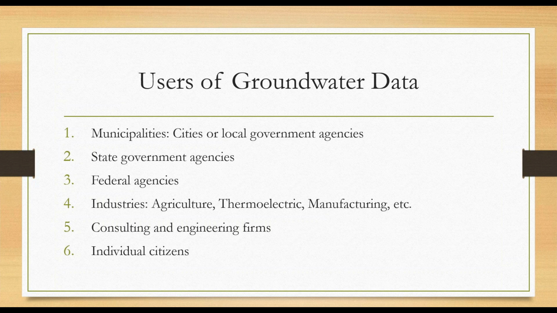USGS does have a policy that all data and information gathered through our investigations and observations by USGS staff or contractors must be made available to the public unless there is some sort of agreement or law that restricts it. So the vast majority of the data that we collect are made available to the public.